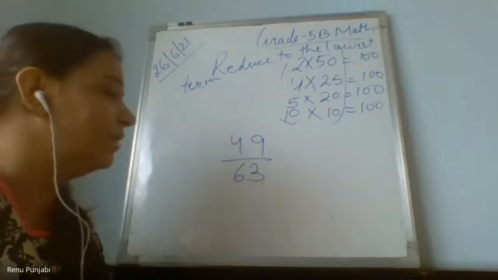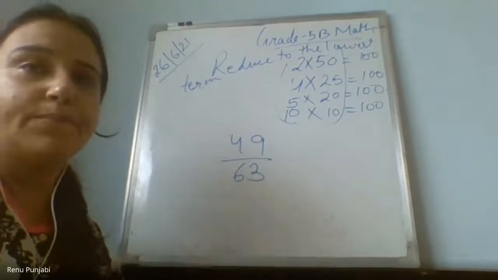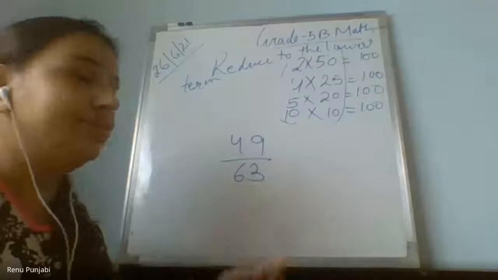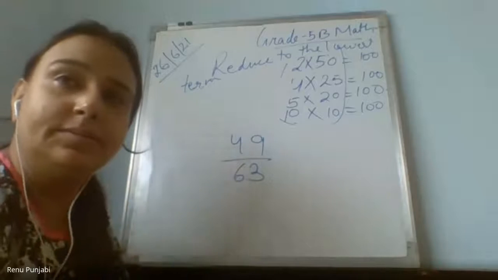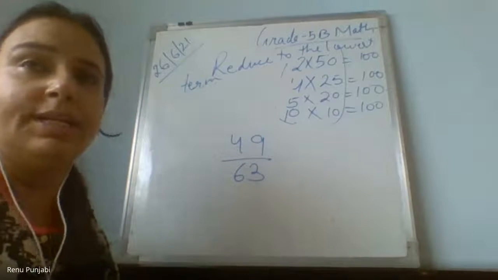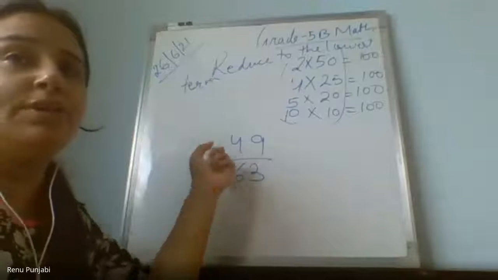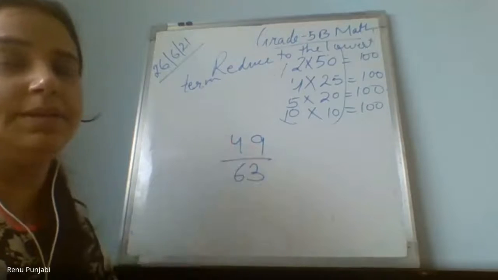Both the numbers are coming in which table? Ma'am, 49 is coming only in 7. And 63 is coming in which table? Are both the numbers coming in one table? Then only it is possible. Both the numbers should come in one table.